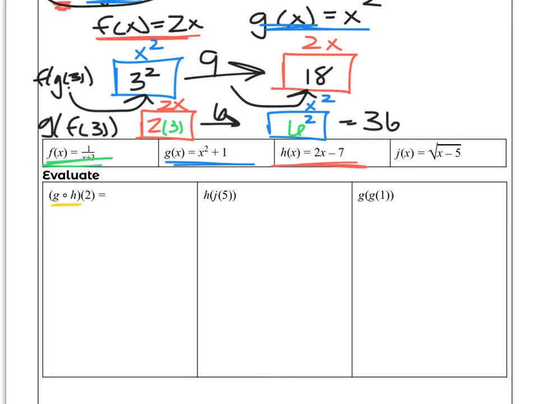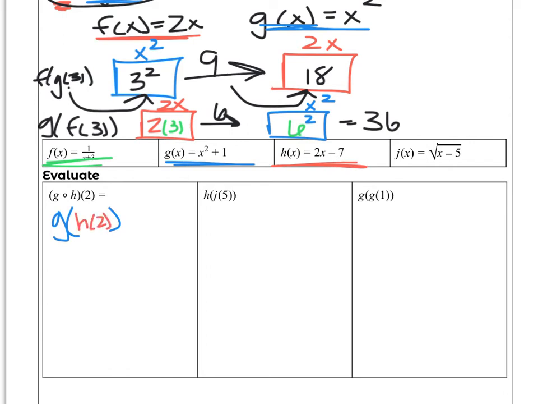We don't use j on this one. Okay. So if I want to do g of h of 2. So notice how I read that. g of h of 2. That's saying g is my outside and h is my inside.